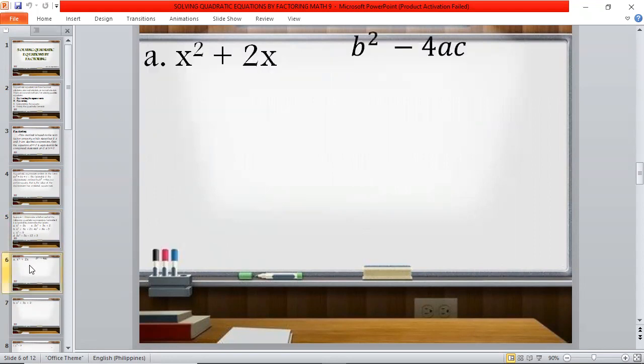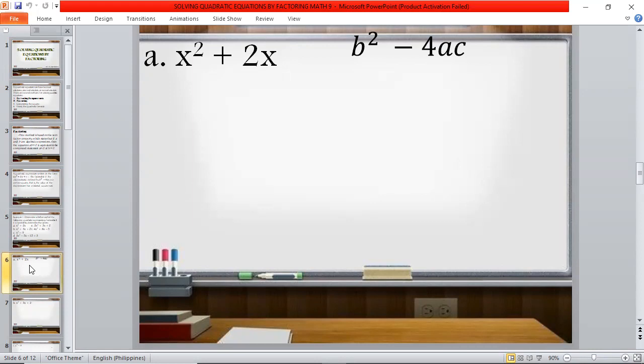As we all know, class, we have the standard form ax squared plus bx plus c in a quadratic equation. We need to follow that standard form for us to get the discriminant of one expression. So we have x squared plus 2x.